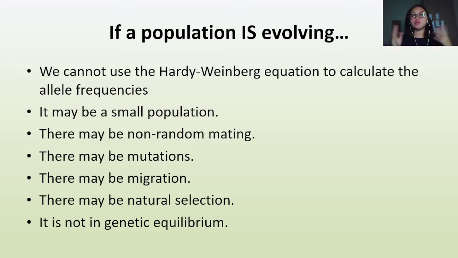Ini adalah maklumat tambahan lah. Biasanya soalan untuk chapter ini memang bagi kamu contoh haiwan yang dalam genetic equilibrium. But in real life, if you ever go out and do your own research on population genetics, I want you to know that the Hardy-Weinberg equation is usually broken or not followed because nearly every single population on this earth is evolving on a small scale.